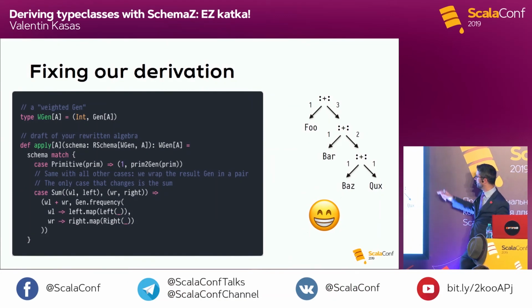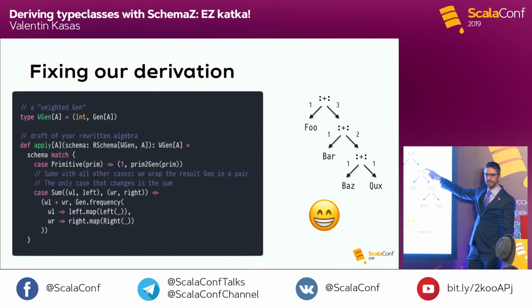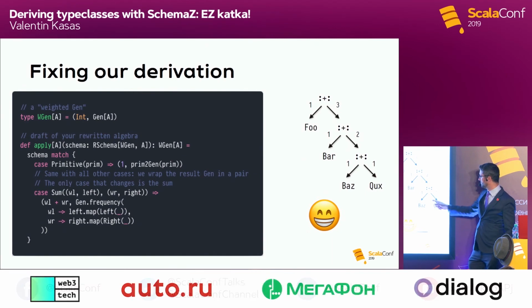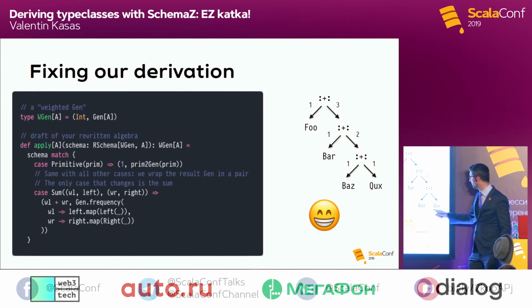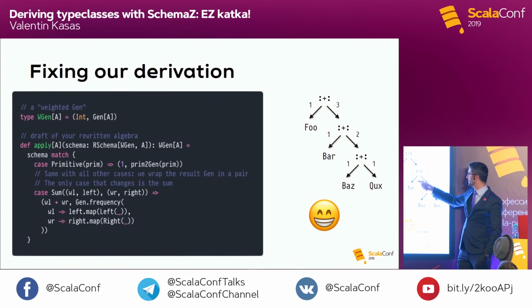And so when the catamorphism sees this tree, it goes all the way down, produces a gen for both branches, gives them the weight 1, and then it goes 1 level higher and says, okay, this whole thing now has the weight 2, and the other one has the weight 1, and again, it goes 1 level higher, this whole subtree has a weight 3, and this one has 1.